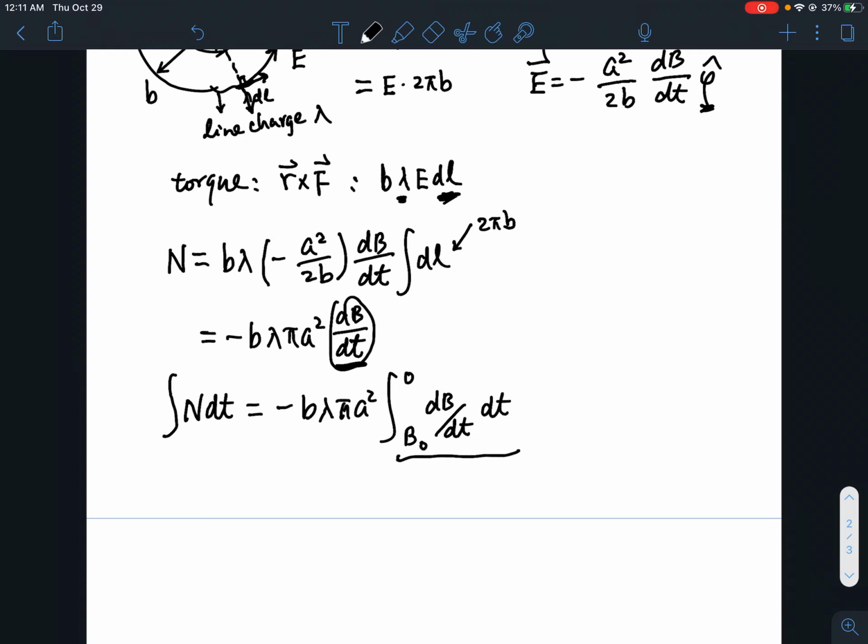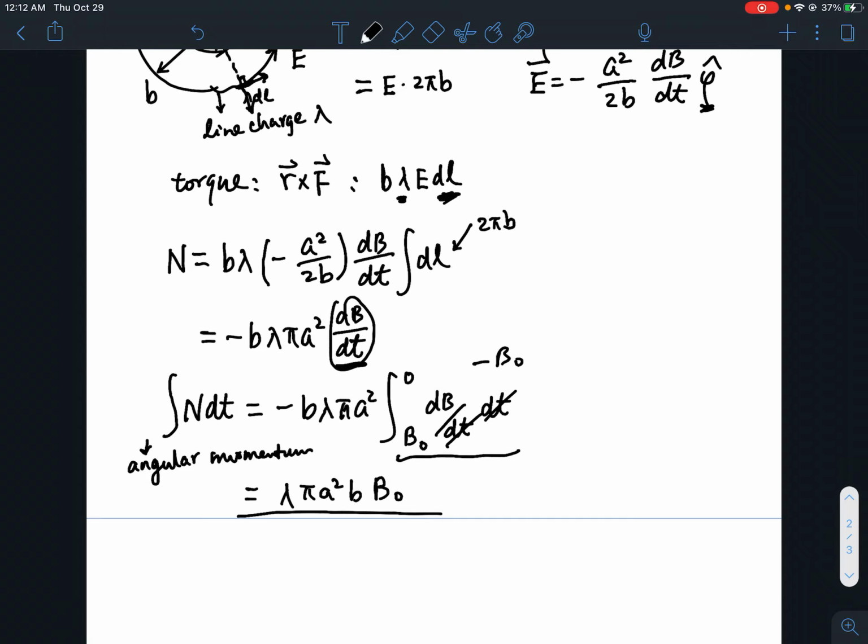In this integral dt cancels, so this gives us minus B0. So at the end we have lambda pi a squared B0. This is the angular momentum that this wheel will have, because it will start to rotate.